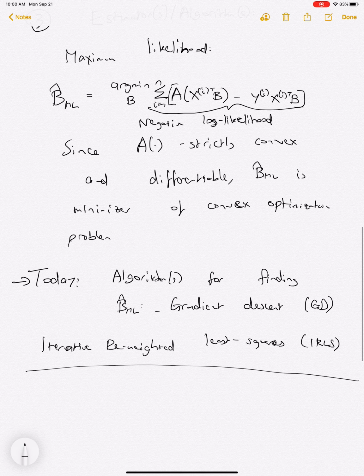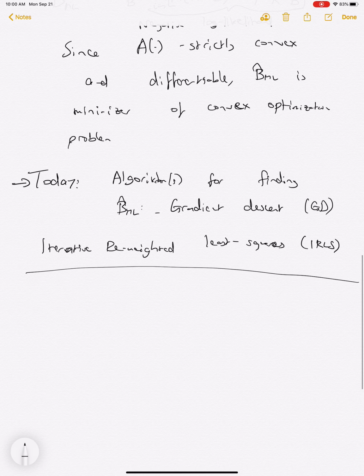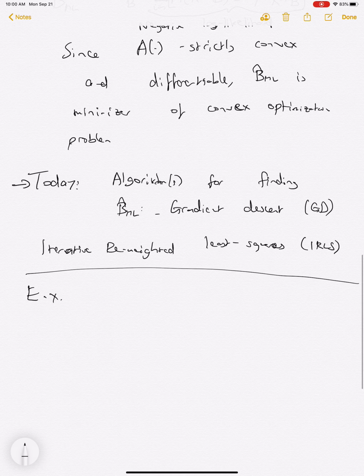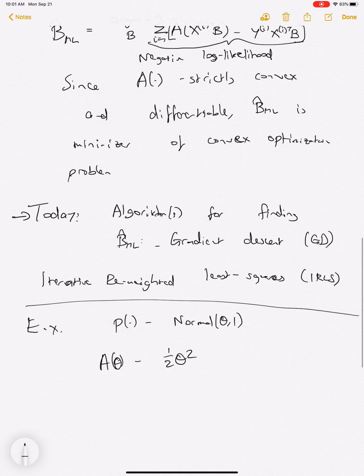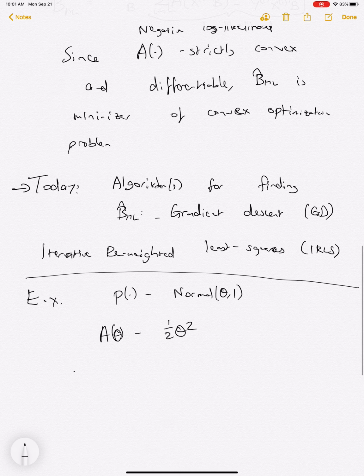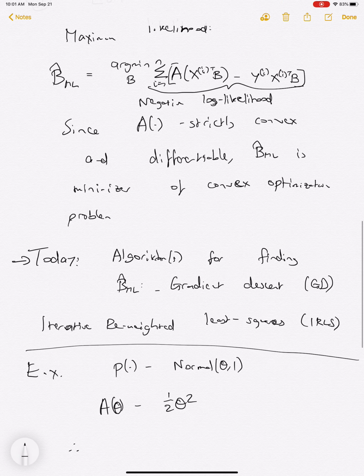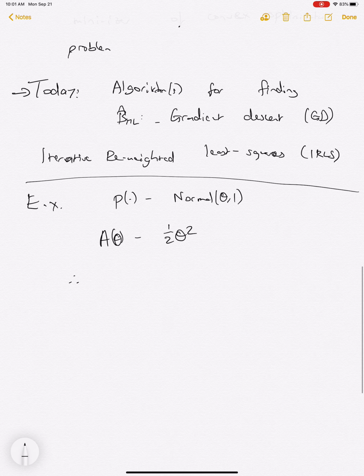Okay, let's be concrete. For example, if p is normal, say with mean theta and variance 1, then our A function is A of theta equals half theta squared.